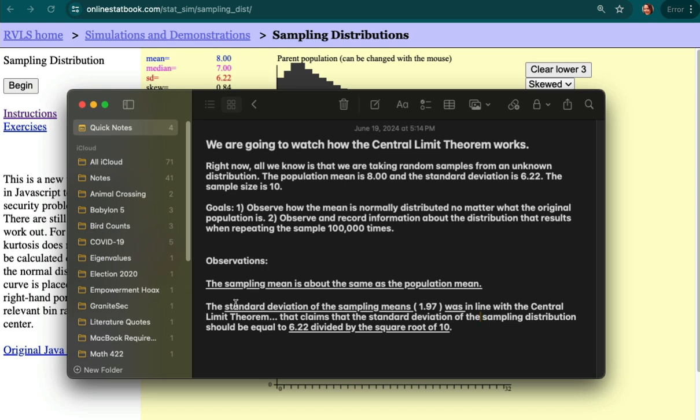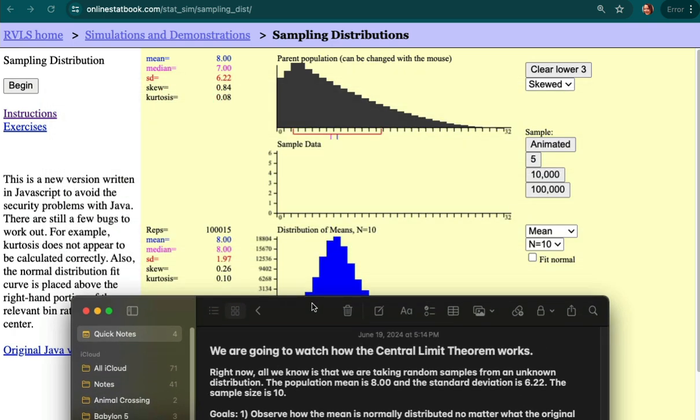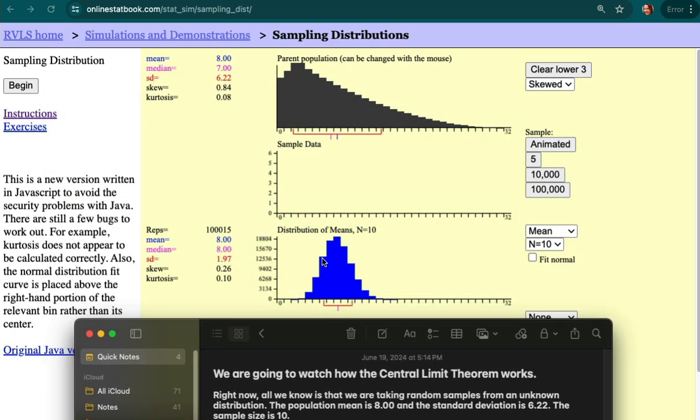The second observation is that the standard deviation of those X bars, which we calculated here, so the standard deviation of all of these numbers, so remember we took 100,015 samples of size 10. So that means we have 100,015 values of X bar, right? That's our data.